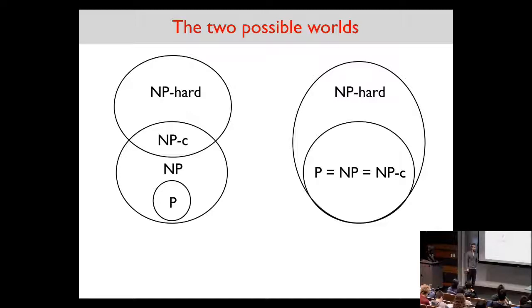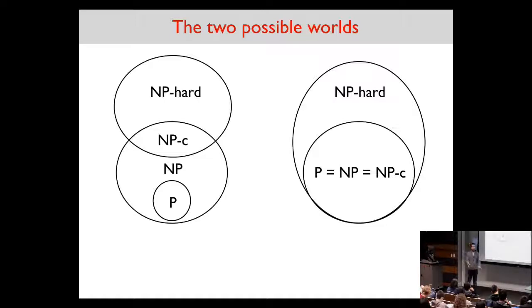Okay, so these are the two possible worlds. Either P is equal to NP or P is different from NP. This is the world in which P is different from NP. When P is different from NP, you have this class NP complete problems that are definitely not going to be in P. And you have all these problems that are NP hard.